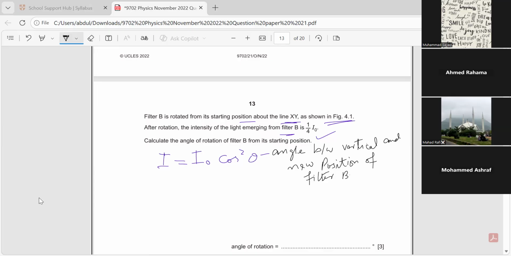Now I is 1 over 4 I naught, and here it is I naught, and then cos square theta.